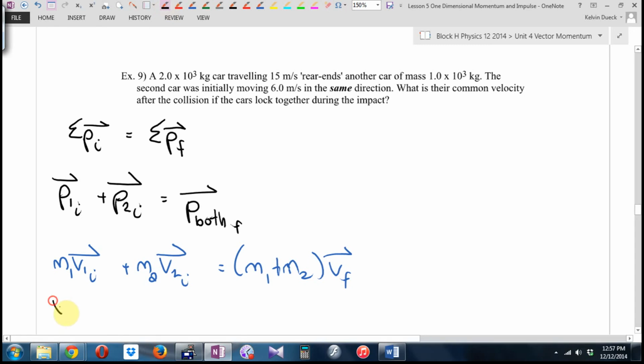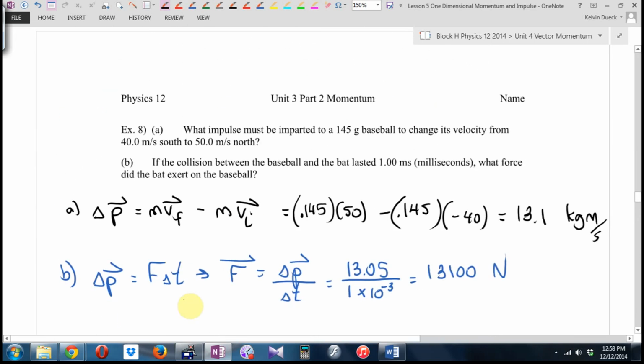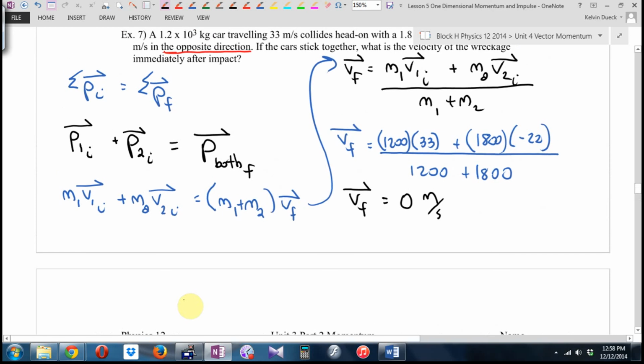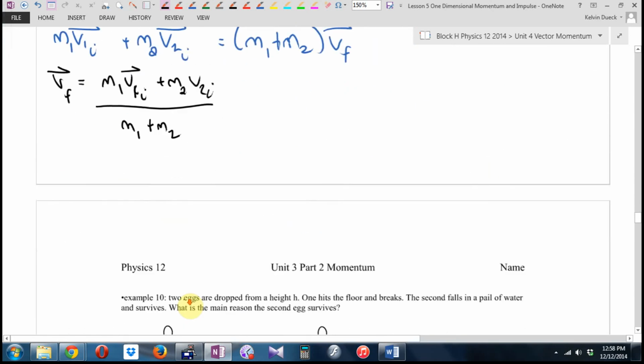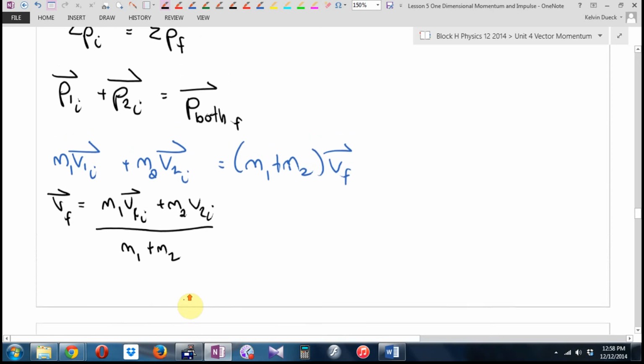I think I can say V final is going to be, in fact, the same equation I got back here. I guess that's the equation that describes objects running into each other, sticking together.